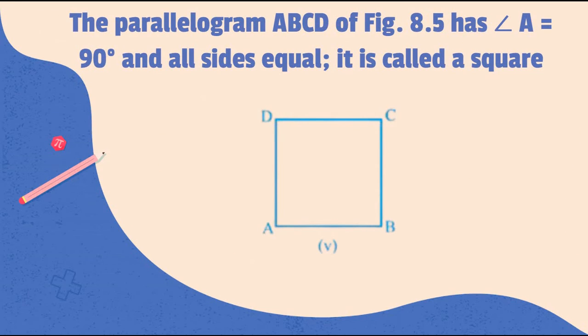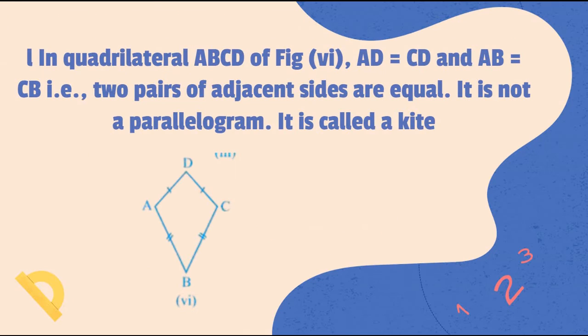And then the parallelogram ABCD of figure 5 has angle A equal to 90 degrees and all sides equal. This is known as a square. And then in quadrilateral ABCD of figure 6, AD is equal to CD and AB is equal to CB. That is, two pairs of adjacent sides are equal. So it is not a parallelogram, it is called a kite.